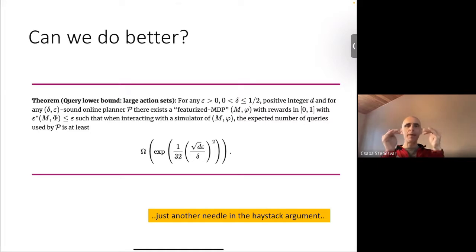So if you want to go below this radius that I was talking about, the square root d epsilon, then the algorithm suddenly needs to work very hard. Or I don't know, it's gradual though, right? It's not like suddenly this blows up, but if delta is in the range of epsilon, then this would be exponentially large already in the dimension, which would be considered big for anything reasonable.